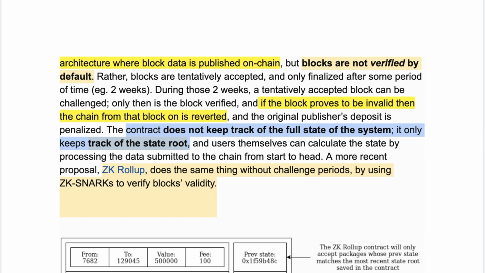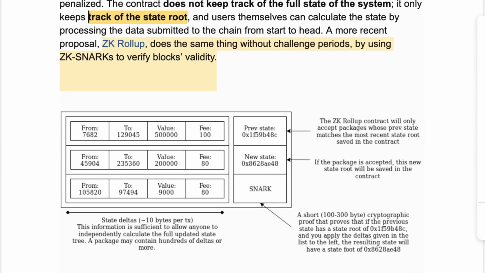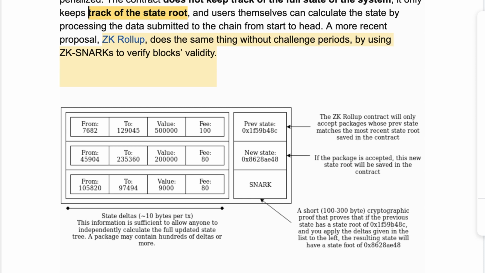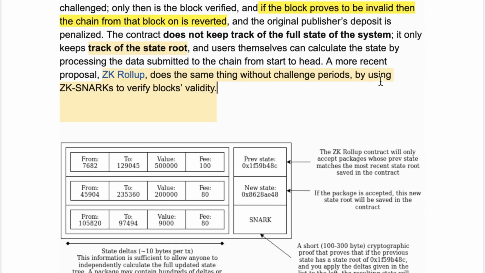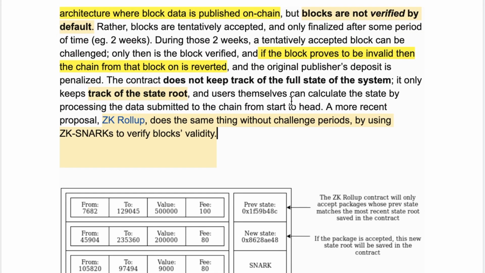The state root has a lot of information, including account balances, contract storage, contract code, and account nonces. So this is very, very important. Basically, the contract just keeps track of the state root and manages to validate if this block is correct or not.